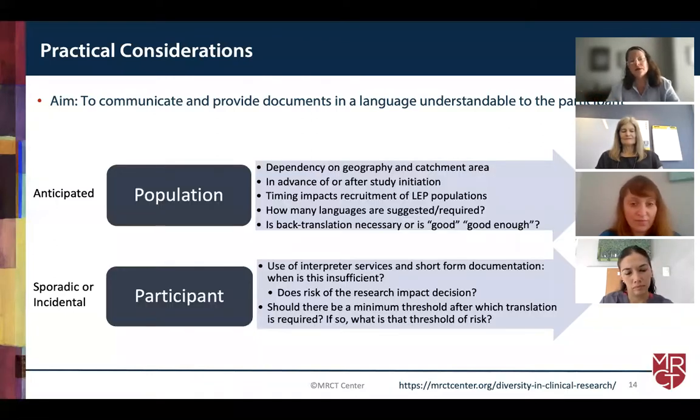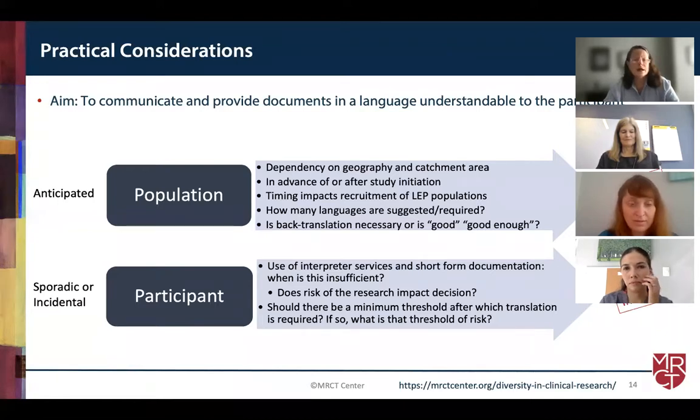And if you think about those in the population, that's going to very much depend on geography and catchment. You can think about it in advance of or after study initiation. It does truly impact the time, the recruitment, if you are delayed in providing alternative languages, and how many languages should we provide, and when do you need back translation?